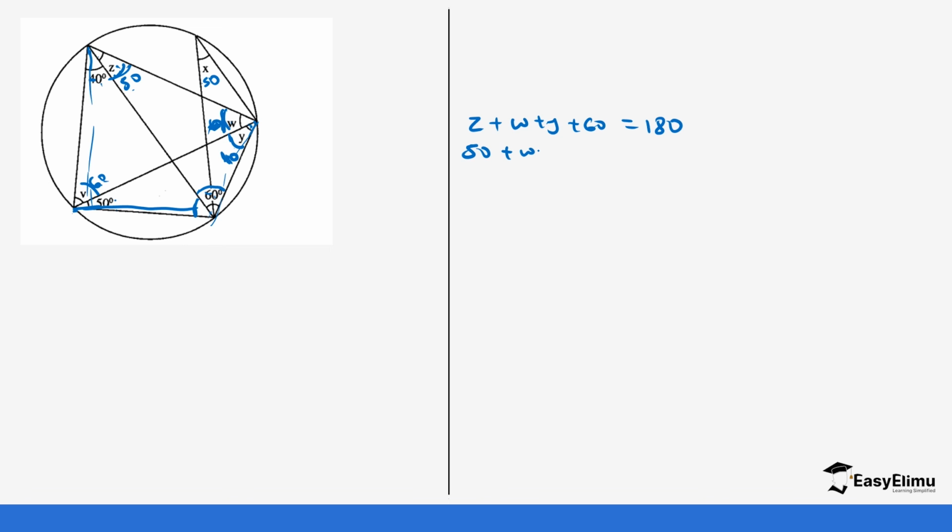We don't have W, we have Y, which we said Y is 40, plus 60 is equal to 180. So this is going to be 150 plus W is equal to 180. So W is going to be 180 minus 150, which gives us 30. So this W here is 30.